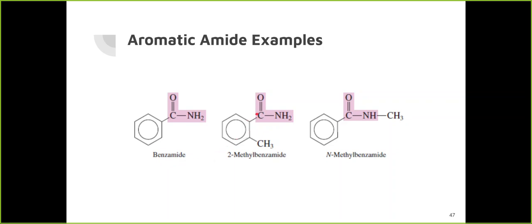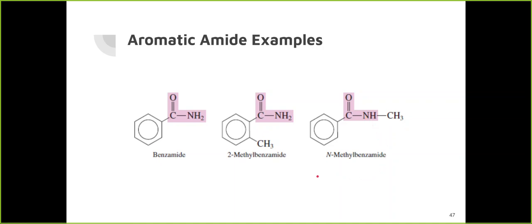Here we have benzamide with a methyl group off the second position. You start numbering with your amide group where it's attached to the ring, so this is 2-methylbenzamide. And if you have an R group out here, then that gets the N designation. So it's still benzamide, and then it's N-methyl, because you've got a methyl group on that nitrogen.